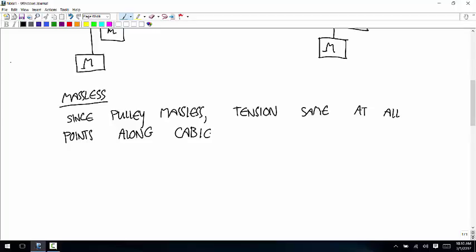So now we can just isolate the two different masses. So first I'll do a free body diagram of the big mass.